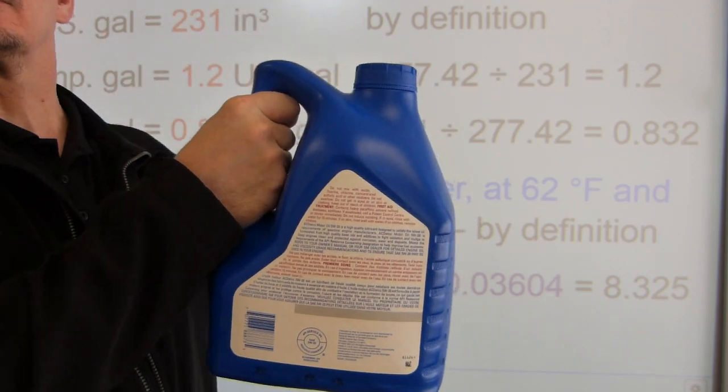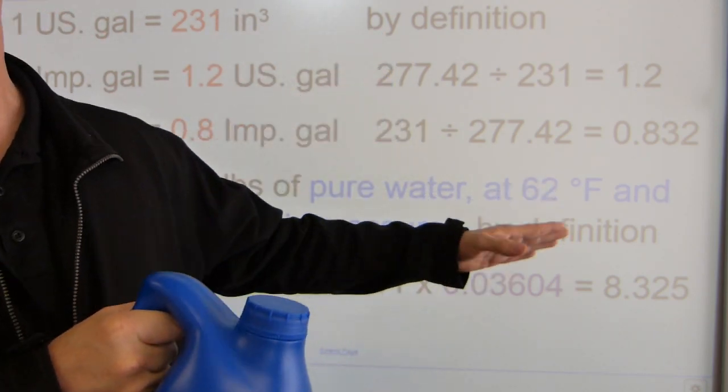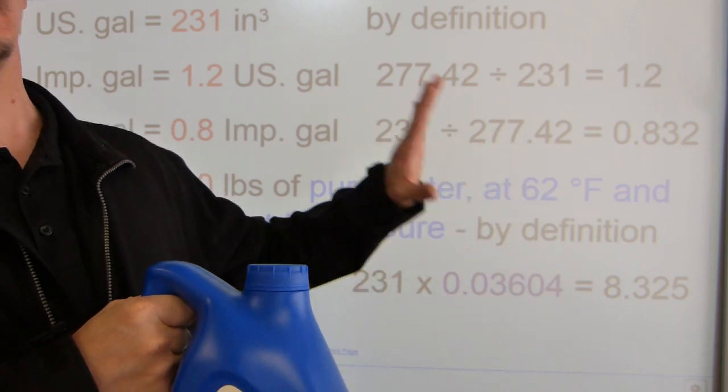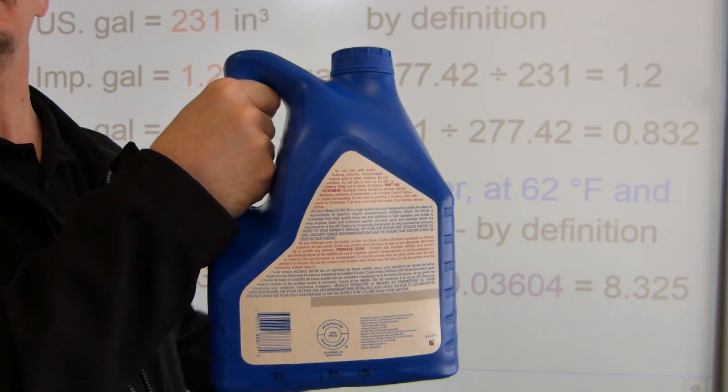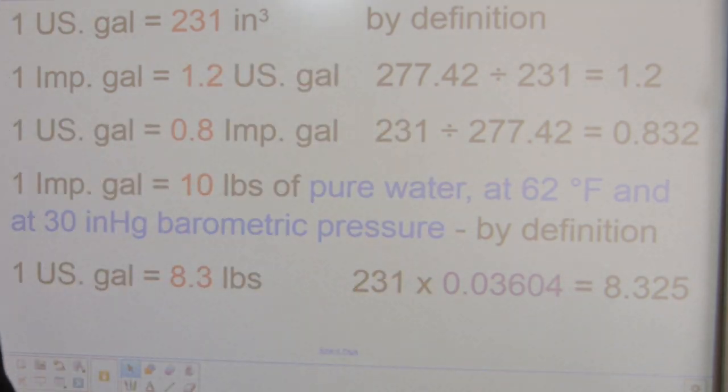So that's why 10 pounds of water at higher temperature will take up more space. So that's why it's important that it's 277 inches plus change only at this temperature and at that air pressure.